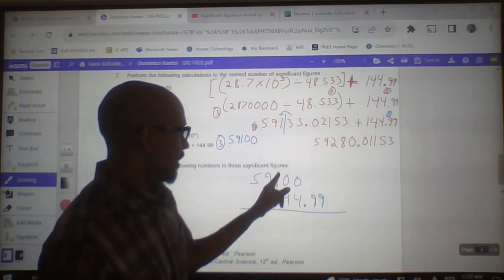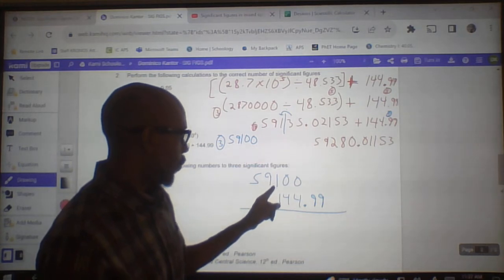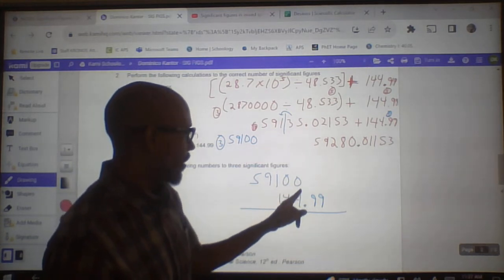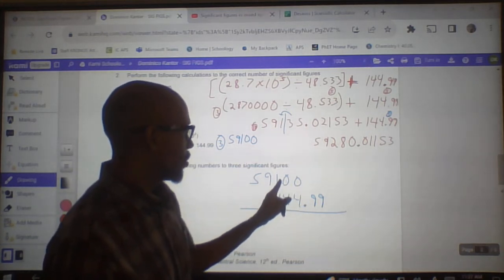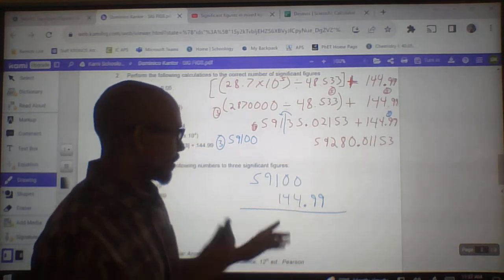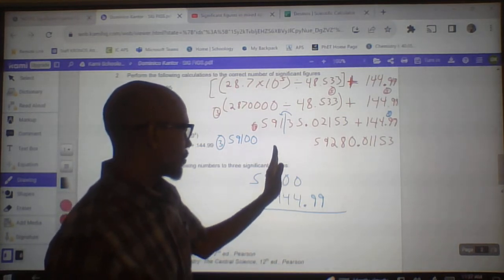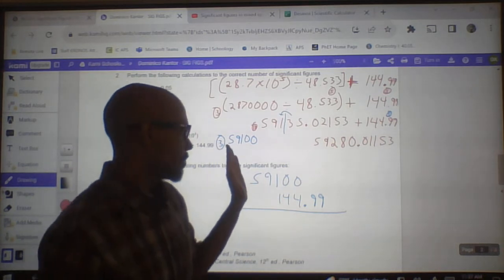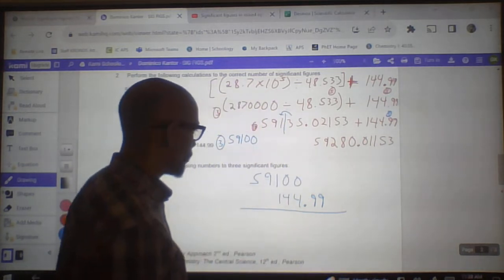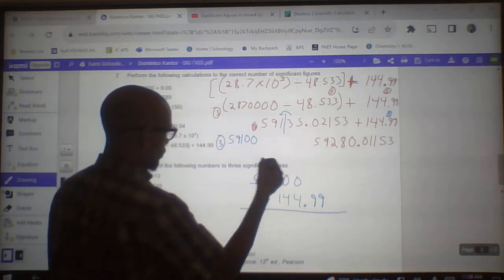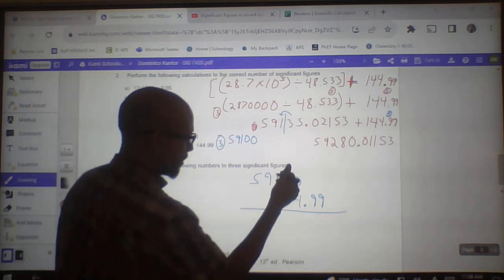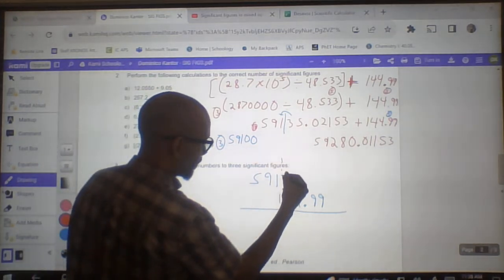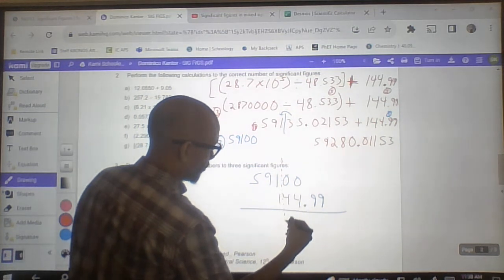This would be my last significant figure here, the 1. These others wouldn't be used for accuracy. These are just placeholders. We're not certain. So the last number with certainty, and then the numbers with no certainty. We'll round here because this is the least amount of certainty we have.